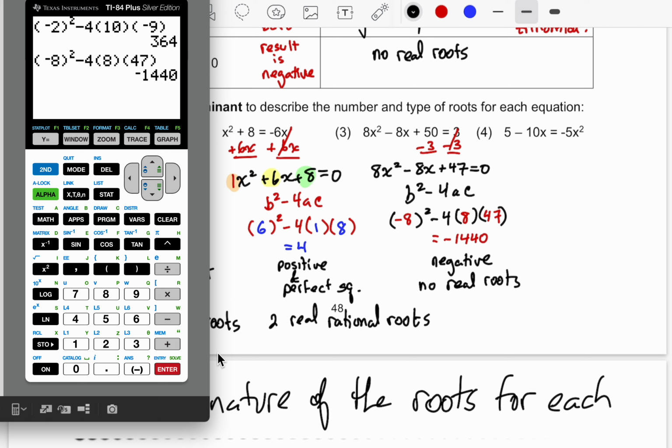So the last one, add the 5x squared to both sides. We're looking at 5x squared minus 10x plus 5 is equal to 0. Again, same deal. b squared minus 4ac, parentheses, -10 goes in for the b value.